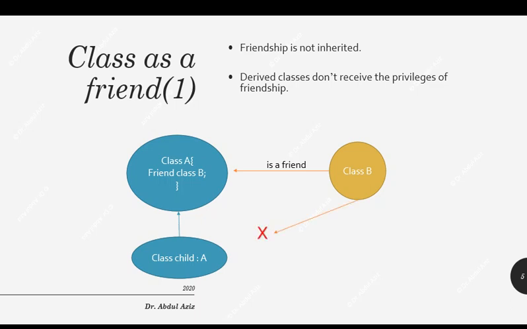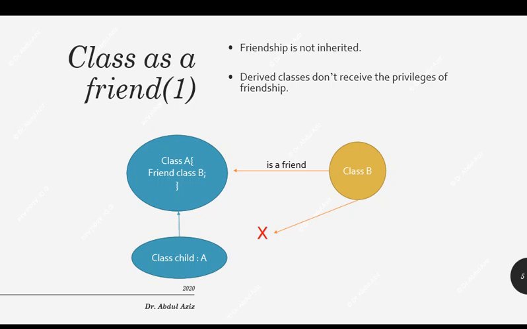The answer is no. B cannot access the data stored in the subclasses of class A. Therefore, friendship is not inherited. The friend class can only access the data of the class where it has been declared as a friend.